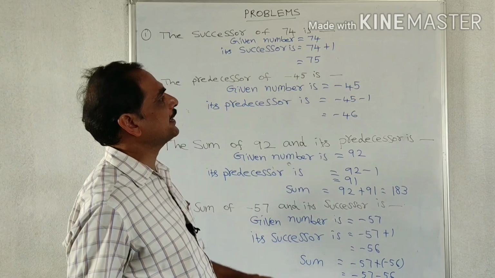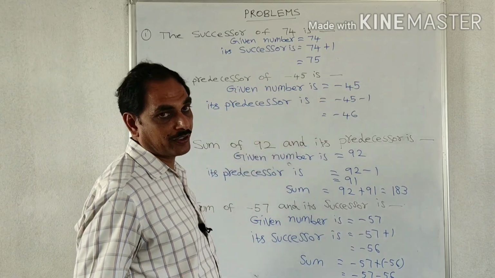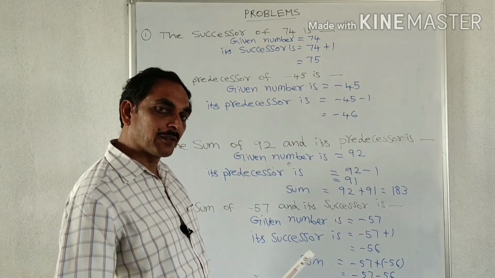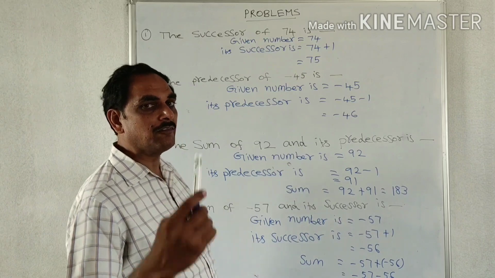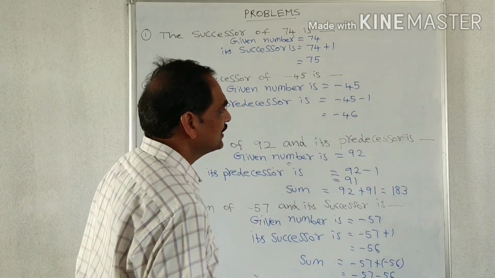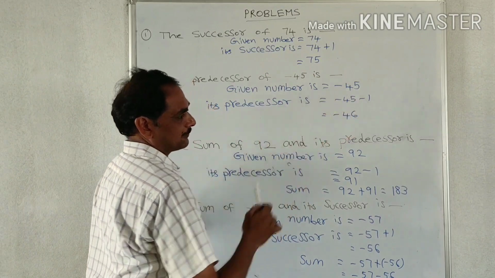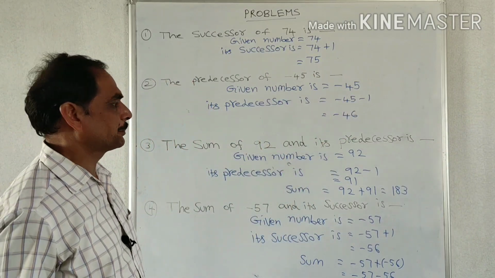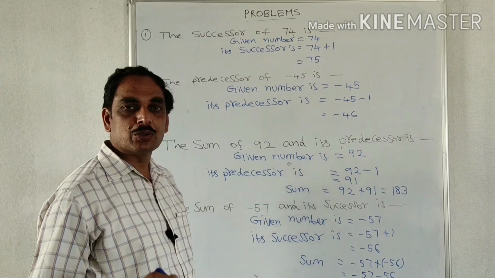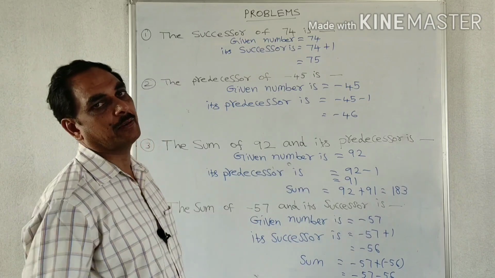So suppose we take minus 45 as the number; to get the number before it, we subtract 1 from the number.